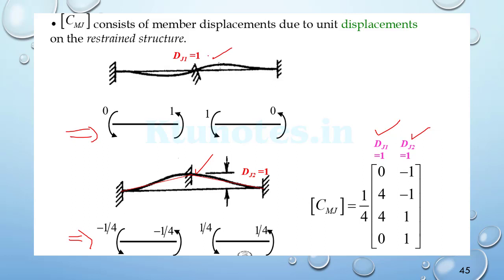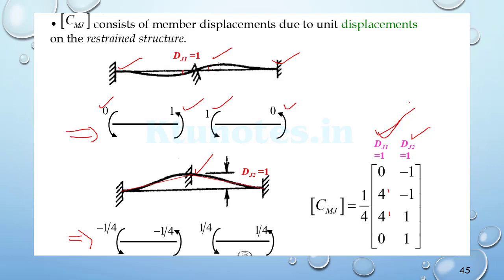Upon the rotation here, theta is equal to 1. Here theta is equal to 0, theta equal to 0, so 0, 0, and here the value is 1 and 1. The value 1 by 4 is taken out for calculation purposes, so multiplying 1 by 4 into 0 gives 0, and 1 by 4 into 4 gives 1. So 0, 1, 1, 0 will be the first column.